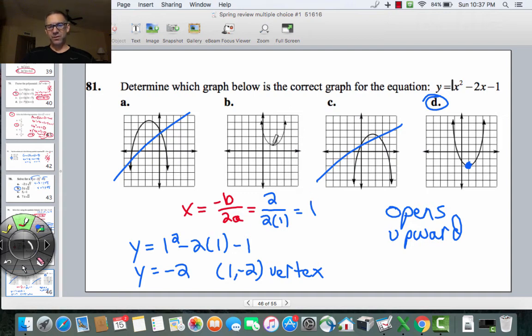And then this one already doesn't look like it's at 1, so it's probably not going to be that one. But then we have to take the 1 and plug it in to see what the actual y-coordinate is of the vertex. So we plug in the 1, and we get negative 2. So that clearly is graph D.